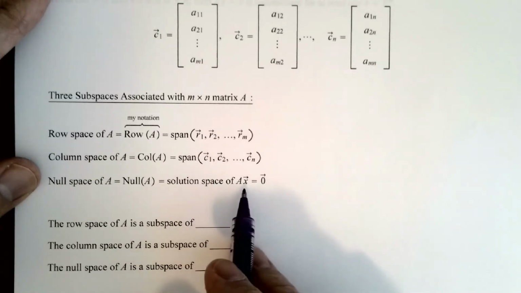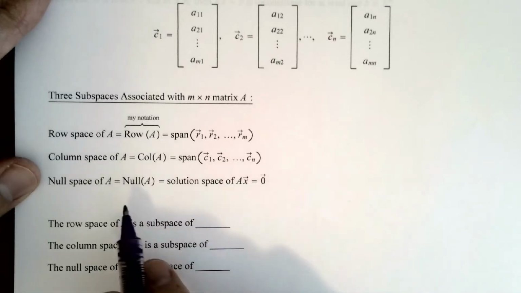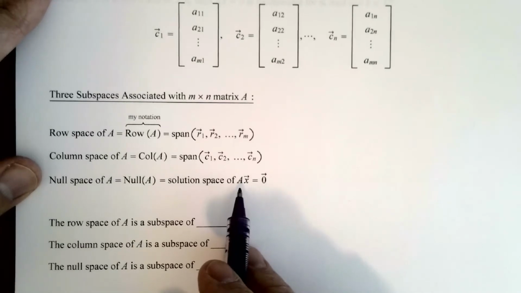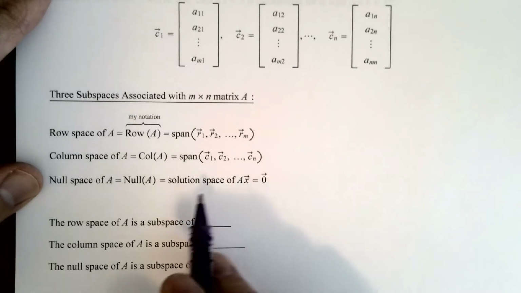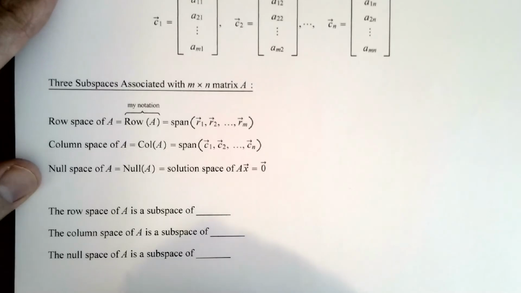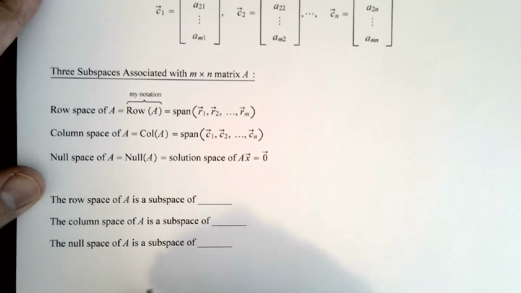We found a basis for and the dimension of an example of the solution space of AX equals 0. This is also the kernel of the matrix transformation whose standard matrix is A. So three ways of talking about this. The solution space to AX equals 0 is the kernel of the matrix transformation whose standard matrix is A, and it's the null space of the matrix A. And we'll talk more about this relationship in the next set of lectures.